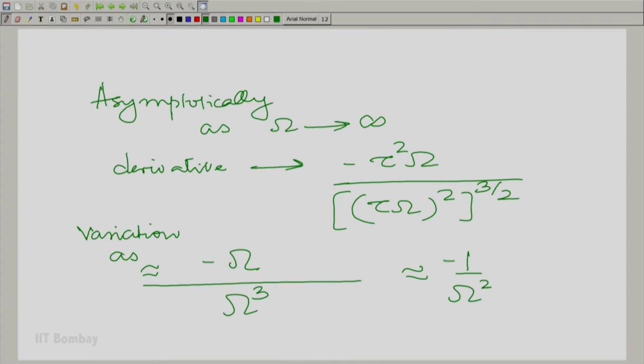Which means as omega tends to infinity, the derivative falls off very fast too. So, it is interesting, as omega tends to 0, the derivative is very small. As omega tends to infinity, the derivative is very small, and somewhere in between the derivative is large.